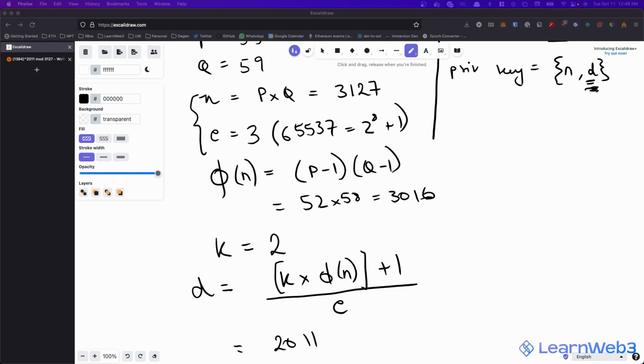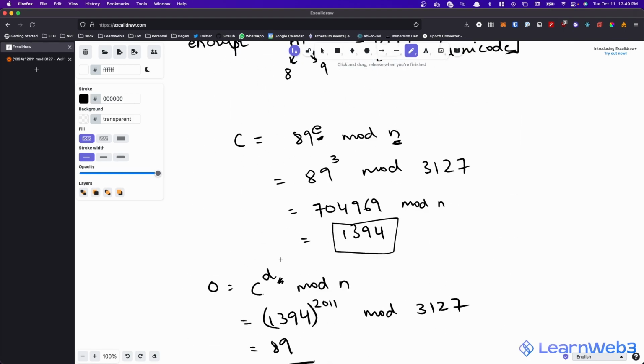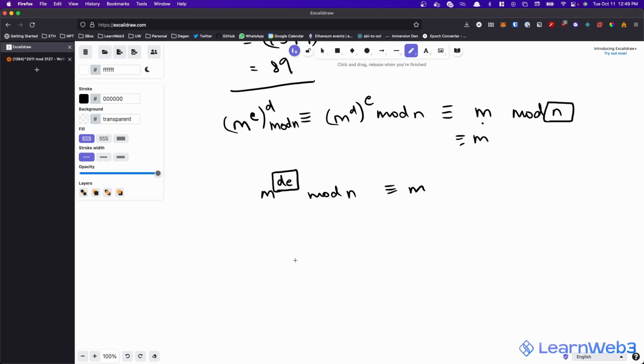We calculated D using k times phi n plus 1, over E. If you move the math around a little bit, we'll see that the multiplication of D and E equals k times phi of n plus 1.